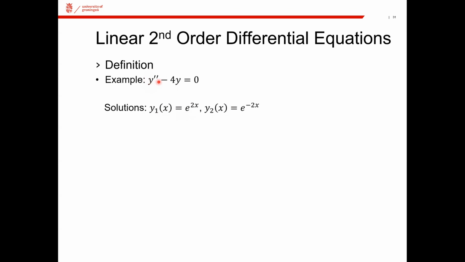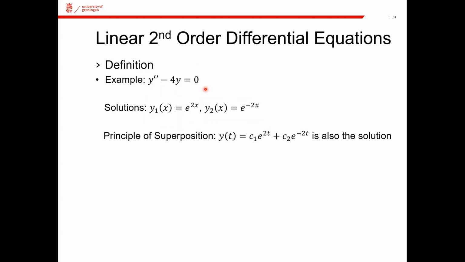So y prime will be 2 times e to the power of 2x, and y prime prime will be 4 times e to the power of 2x. And when we plug y1(x) and y prime prime back into the equation, the left side is 0 and the right side is also 0. And similarly, when we plug in y2(x), the left side and right side will be 0.